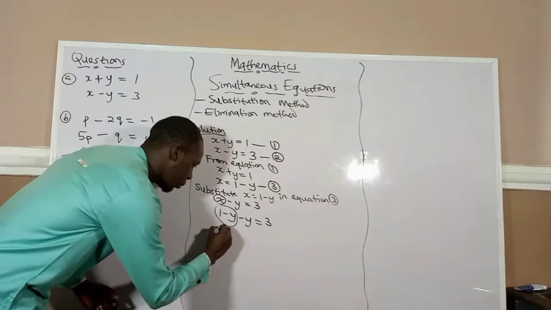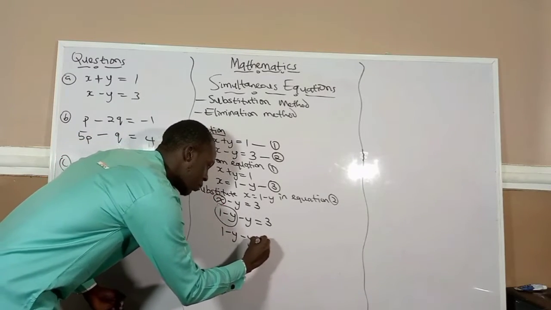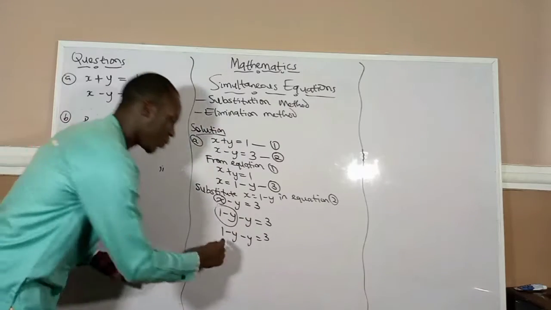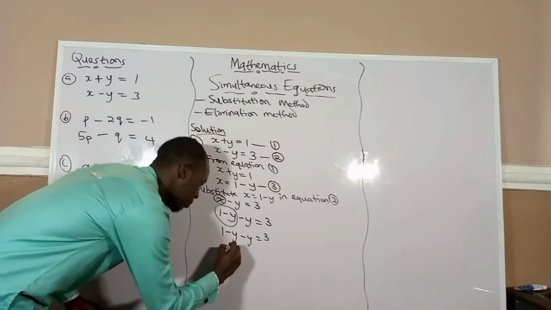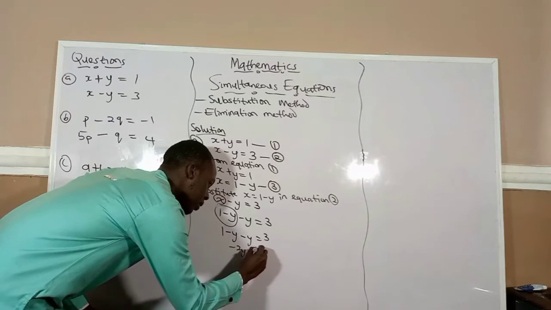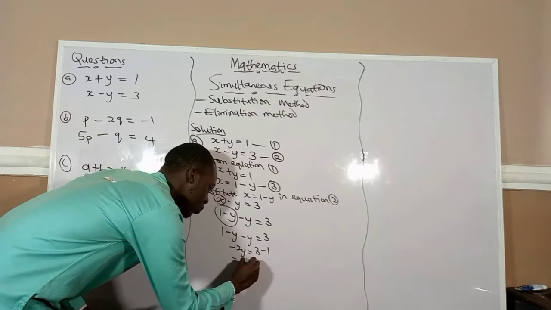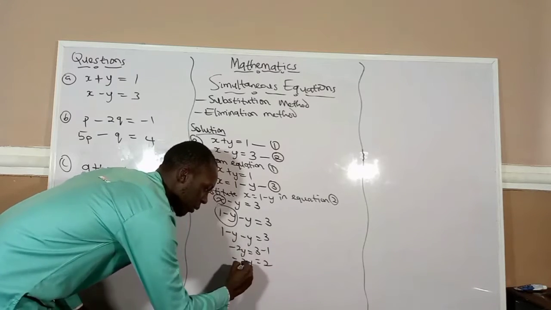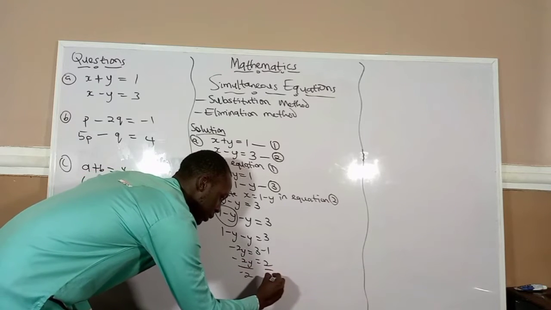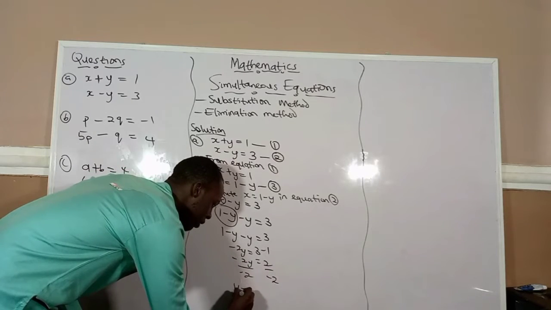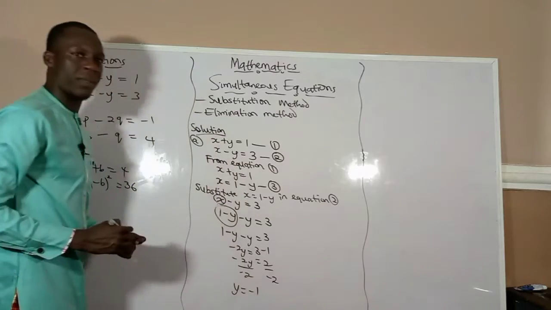I can say 1 minus y minus y equals 3. What is minus y minus y? That's simply minus 2y equals 3 minus 1. And then minus 2y equals 2. Then I can divide both sides by minus 2, and I'll get my y to be equals to minus 1.